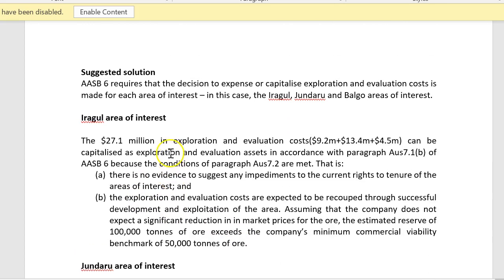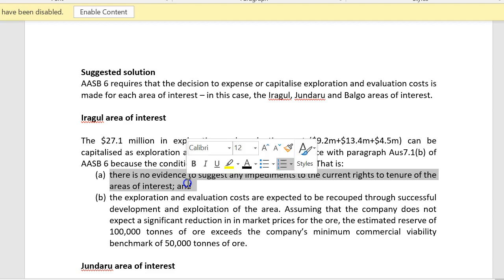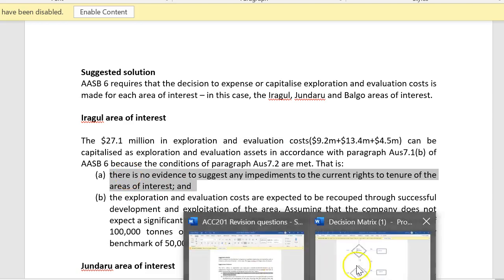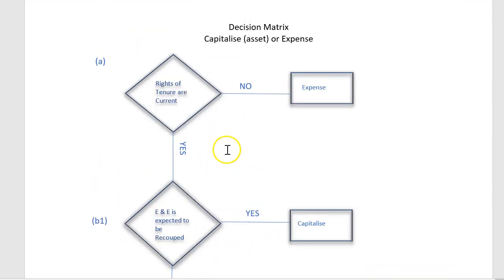Since there is no evidence to suggest that there are any impediments or restrictions on future mining, their rights of tenure are current. So that meets part A, which means the business has current rights.